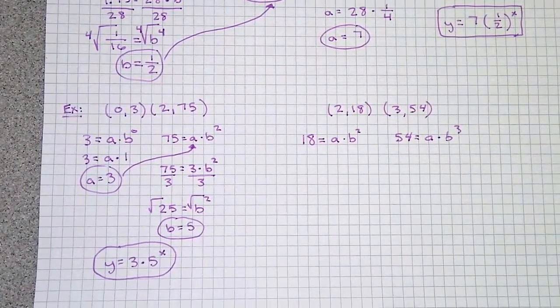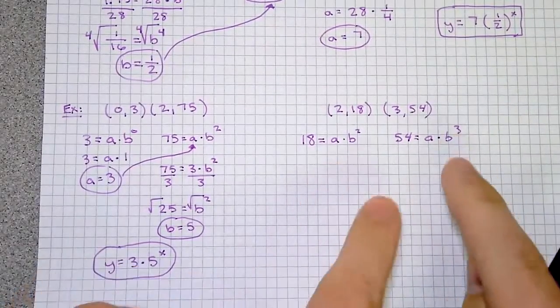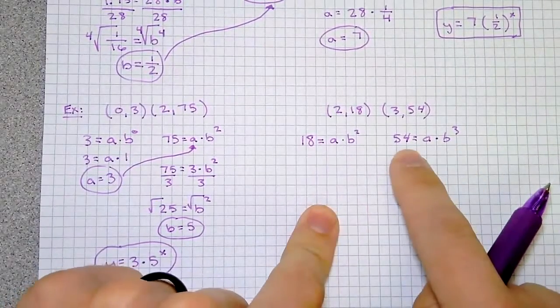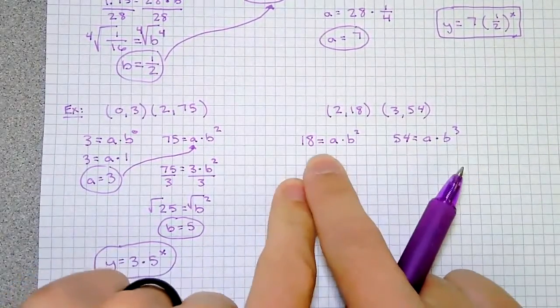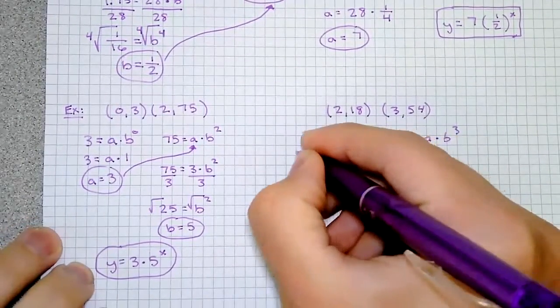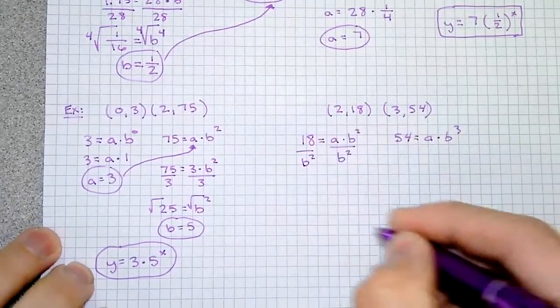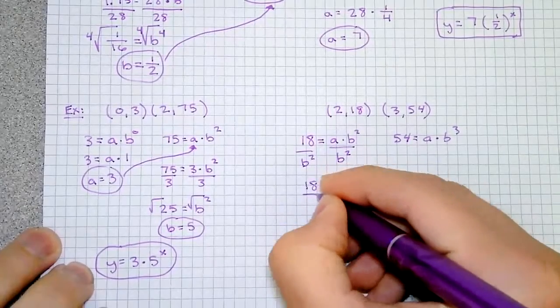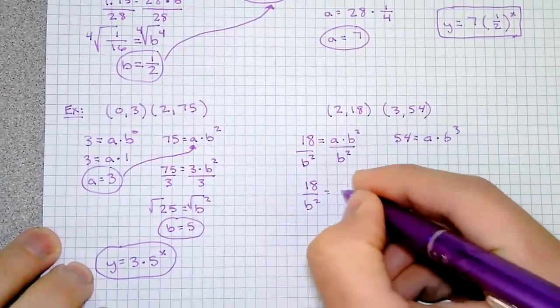So from here, we need to get a on a side by itself. It really doesn't matter which one you want. You can either divide both sides by b cubed here or divide both sides by b squared here. I'm just going to divide both sides by b squared. So I get 18 divided by b squared equals a.